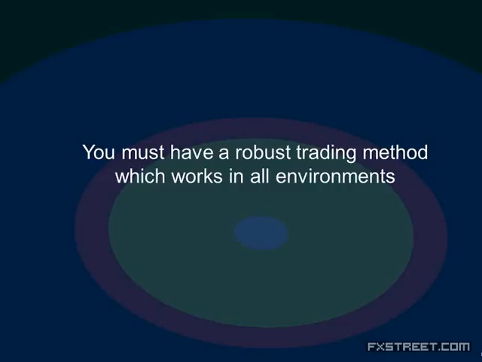Before I cover how we can help your trade selection, a few words on methodology. The first thing you'll need if you expect to trade successfully is a robust trading method which works in all environments. It took us 4 years to put together a trading course that teaches an objective empirical method that you can use in all trading environments.